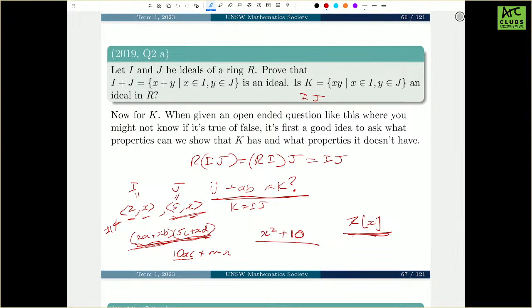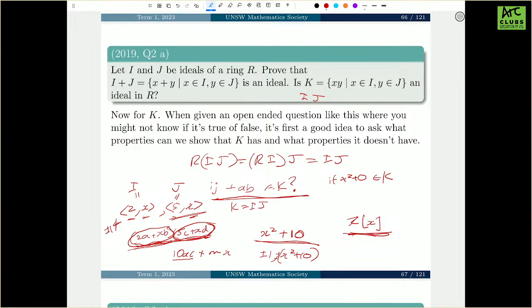I've chosen these numbers so that we get an irreducible polynomial. So obviously x squared plus 10 does not factor. Well, the only divisors of x squared plus 10 in Z[x] are plus or minus 1 and plus or minus x squared plus 10. But then if x squared plus 10 is in K, then we should have two things of this form that equal it.